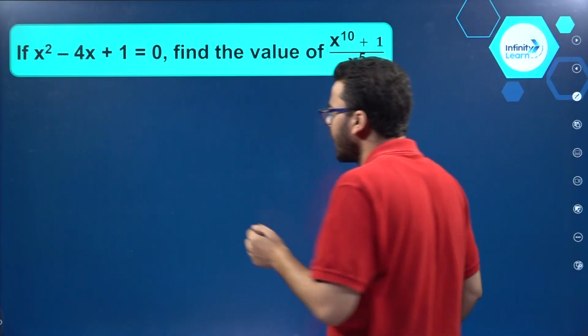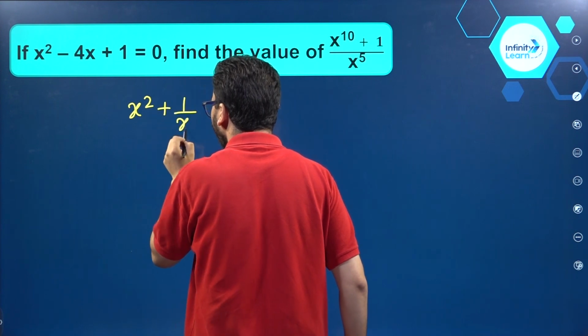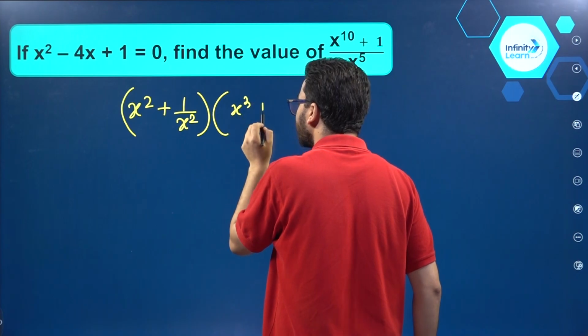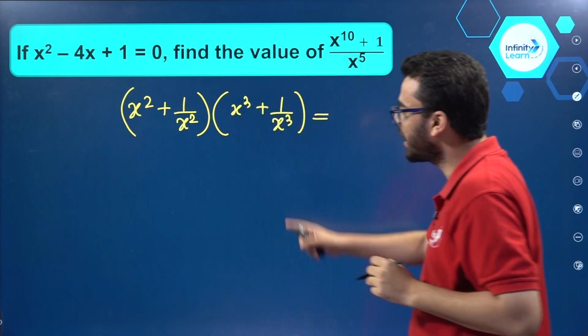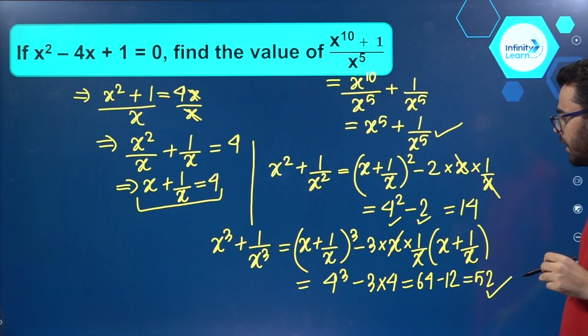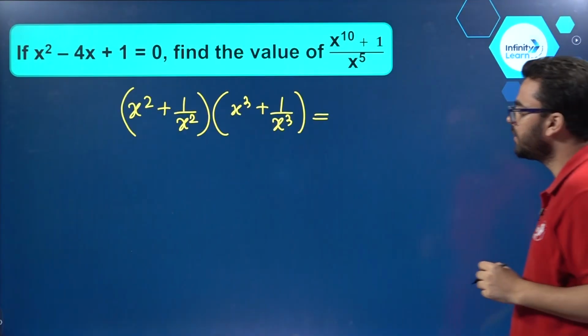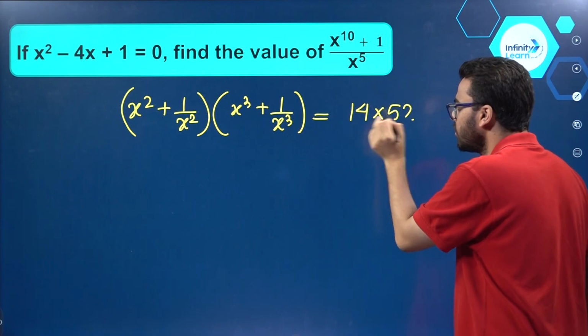So suppose we multiply x square plus 1 by x square and x cube plus 1 by x cube. What will be that, guys? You see x square plus 1 by x square, we got 14 and this is 52. So that will be basically 14 into 52. Whatever it is, you can do the calculation.